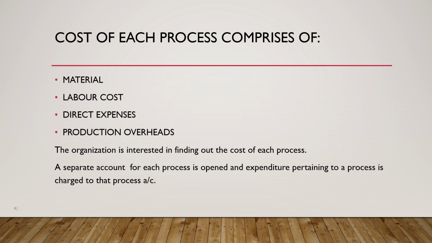Now, while computing the cost of each process as seen in the previous slide, it comprises of the following. First one is the material cost, followed by the labor cost, which is nothing but the wages paid to the workers, and followed by the direct expenses, which includes depreciation of machinery, repairs, maintenance, insurance, etc. And then comes the production overheads, which includes all kinds of indirect expenses such as rent, light expenses or electricity, etc. Now, the organization is interested in finding out the cost of each process.